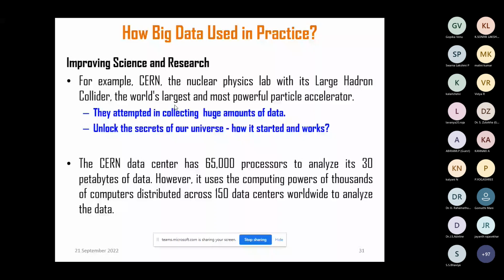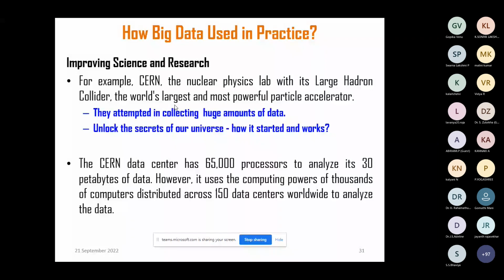In that project they have used this technology, adopting nearly 65,000 processors, where clusters of nodes are maintained and big data clusters have been carried out on this. 30 petabytes of data they have analyzed, distributed across 150 data centers.